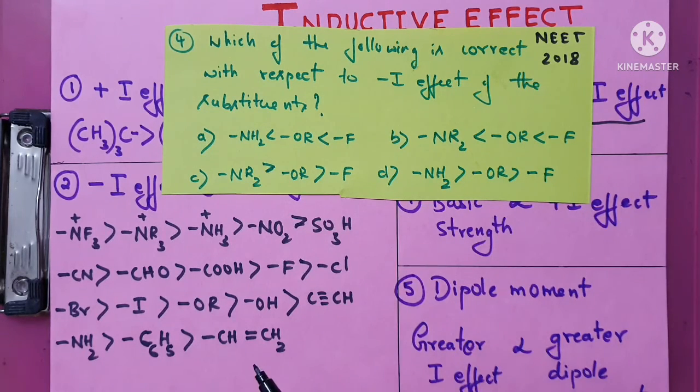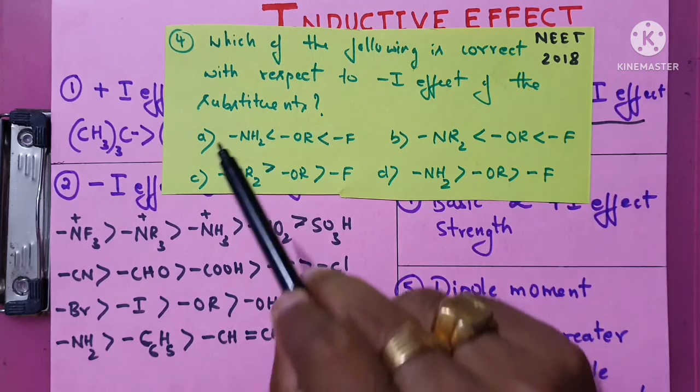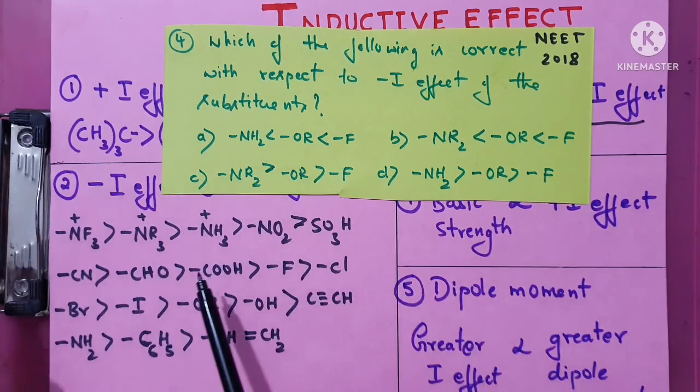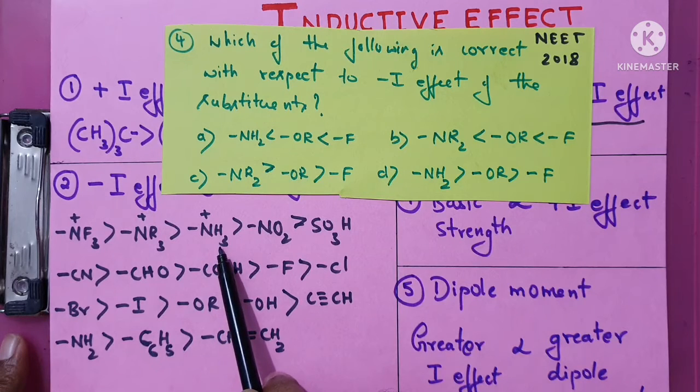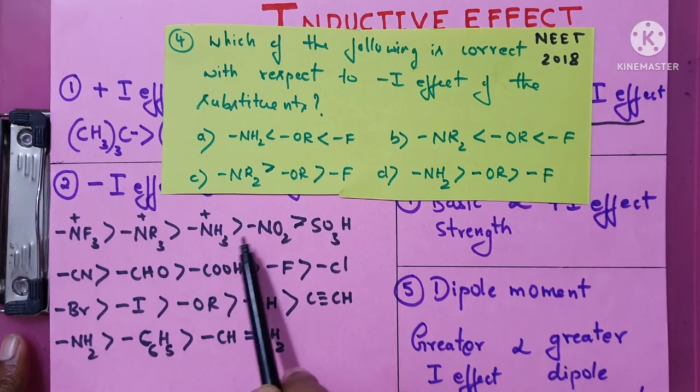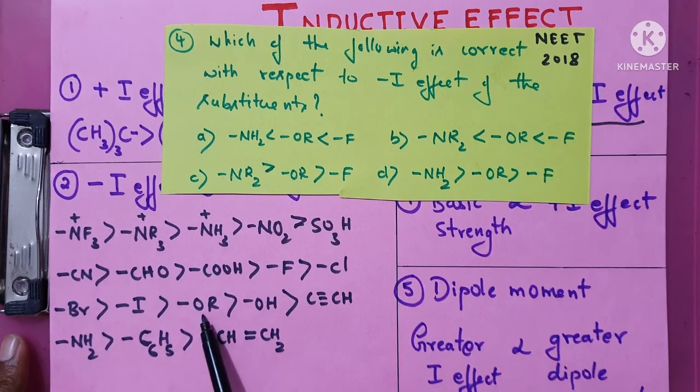So which is the correct one? Let us see the first option, whether it is correct. NH2 is coming first. Then comes OR. Then comes F.